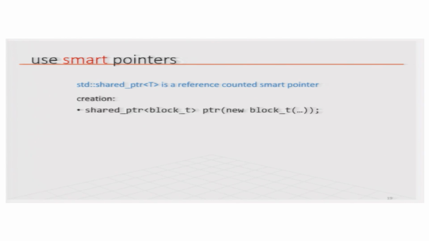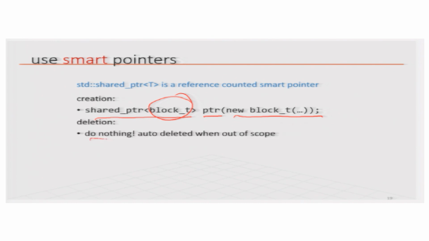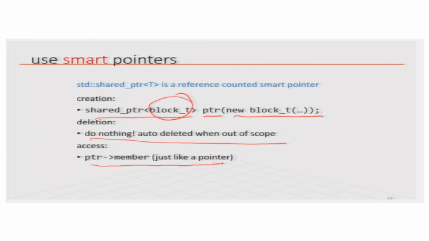When you define a pointer, you are going to define it like this. It is a shared pointer which points to a block, in our case the block we defined, and you have to define it like this. For deletion, you do not have to do anything, it is auto deleted when out of scope. So, that is the reason for using shared pointers, and the usage is like a pointer, right.